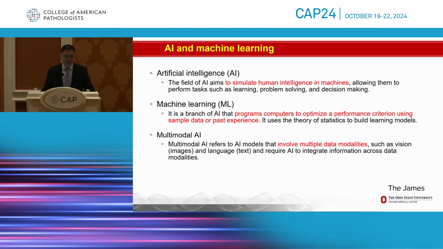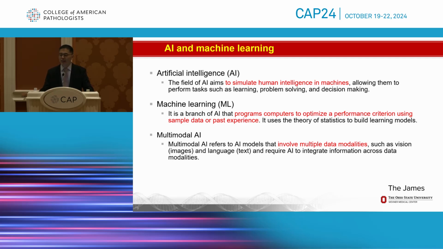So just a very brief introduction about AI and machine learning. I'm not a computer scientist, I just go through this very superficially. AI basically aims to simulate human intelligence using machines and allow them to perform tasks such as learning, problem solving, and decision making, just like a human.